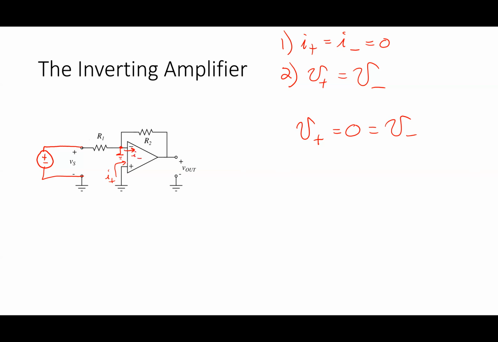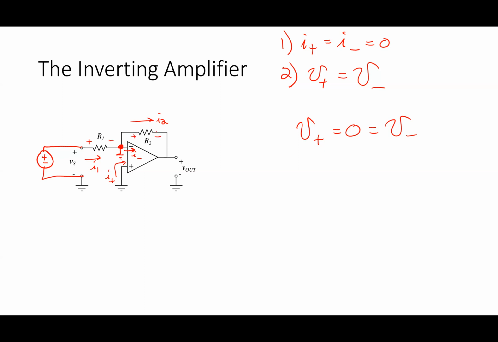To solve this, I've got to do node analysis, and the node I worry about is right here. I'd call this I1 and this I2, and I write the voltages across here.